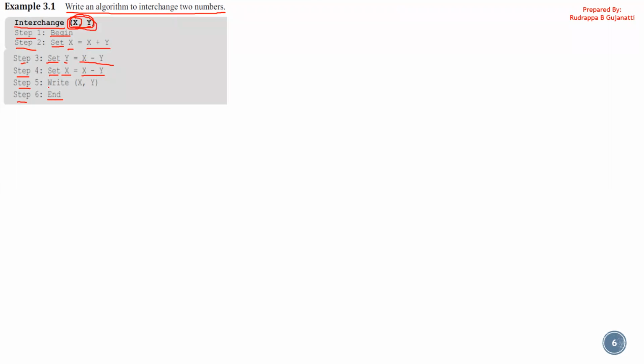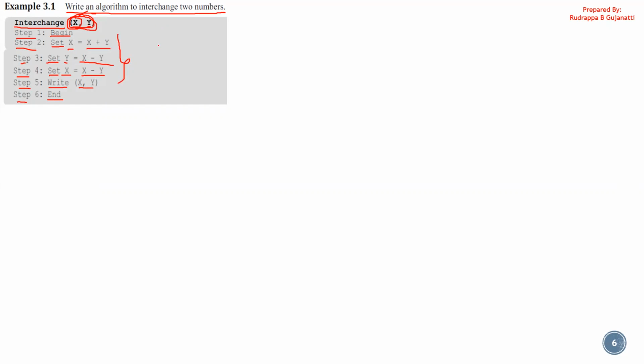In order to provide that output, you are using the write statement, so you write these two onto the output console. This is just pseudocode. You're not specifying which data type it is, you're just giving the logical implementation of how it goes around. So this is one way of how the interchange has been done.